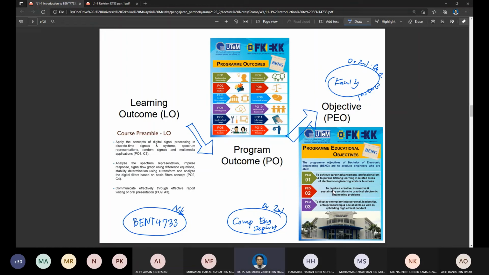Basically, the way BEM or EAC instructed us is that the assessment should be in line, meaning level by level. This one is controlled by the lecturer who teaches the subjects, and then this one is who coordinates the subject at department level, Dr. Zul.